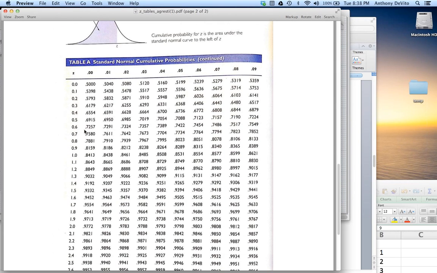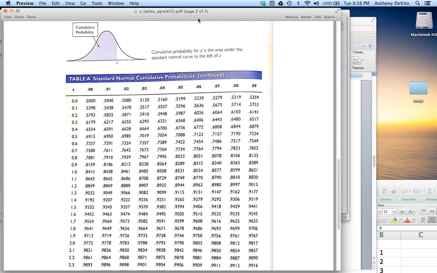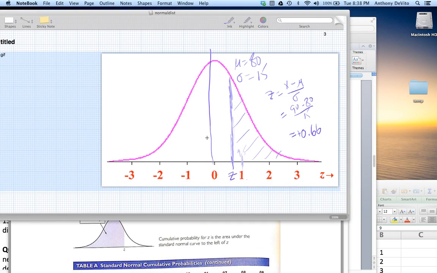Positive 0.60 is going to be 0.7454, right? That's the area to the left. So this area is 0.745. I'm going to round off for our purposes here. I suggest that you don't round off until the very end.